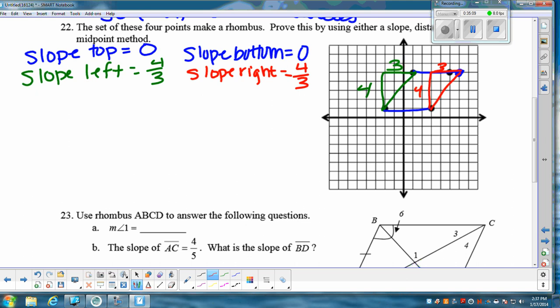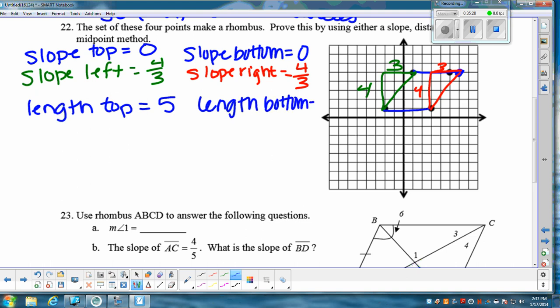So then since we want it to be a rhombus, we need to check the lengths of all 4 sides. The length of the top is just a horizontal line, so we can just count it. It has a length of 5. The bottom one is also horizontal, so again we can just count, and it also has a length of 5. The length of the left side is going to be 4 squared plus 3 squared, using our up and over method.